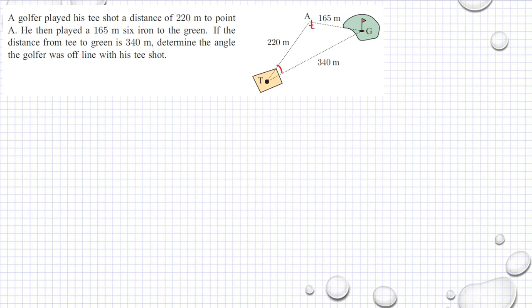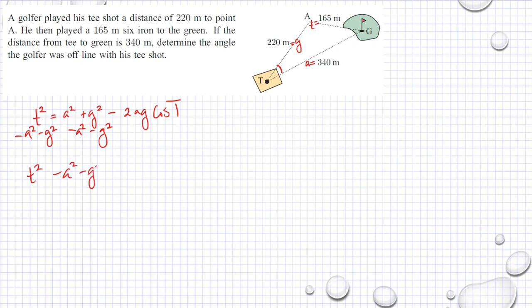If we call this T, and we call this A, and we call this G, then we have T squared is equal to A squared plus G squared minus 2AG cosine T. So if we subtract both sides of the equation by A squared and G squared, then we have T squared minus A squared minus G squared is equal to negative 2AG cosine T, because this is 0.